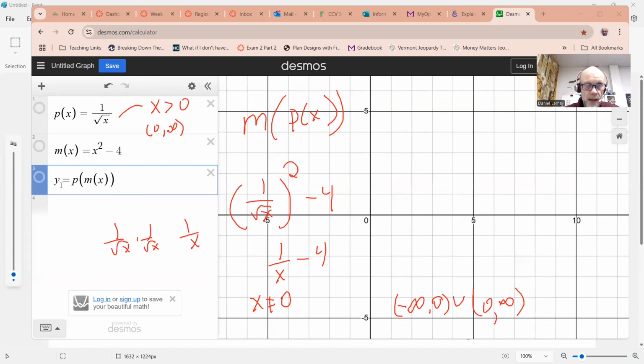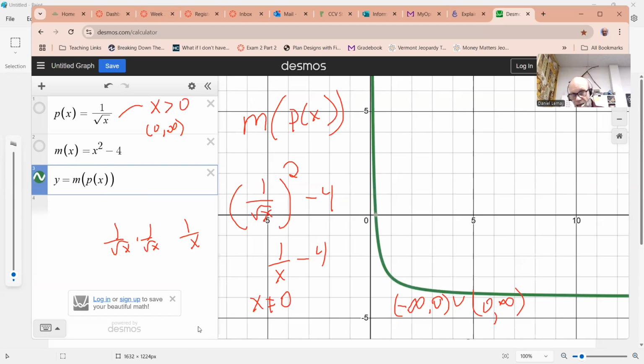So I got to switch this to M. Make this be P. And let's graph it and see what we see. So looking at our last analysis, I should be seeing some green graph over here on the left of the x-axis because that's that domain. But what we're seeing is exactly the same.